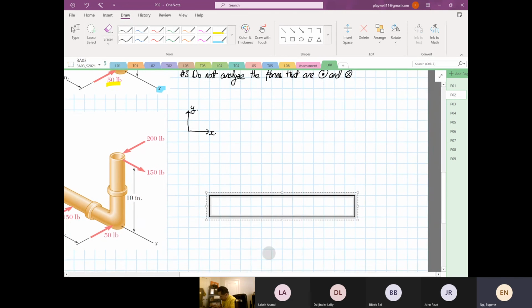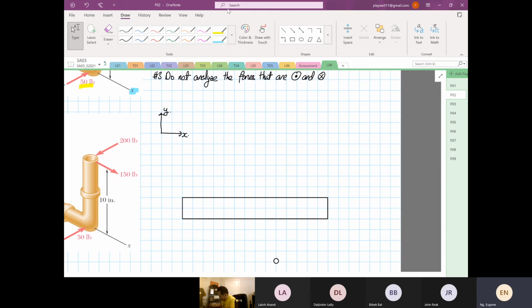Then you have a vertical section of 10. This is just a sketch. So you have 2, 2, 4, 6, 8. This is just a sketch, as I said.